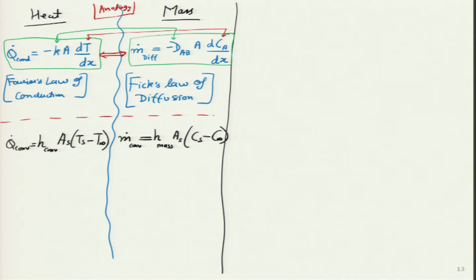I have not defined any of these new parameters. I have not told students what is D, what is C, but just go with me for 2-3 minutes, then I will tell. Graphically you can see that h convection and h mass are similar. A_s is of course the same. Then there is the difference in temperature, and there is a difference in C also. What C is I will tell in a little while. So, here also we can say it is similar, isn't it?